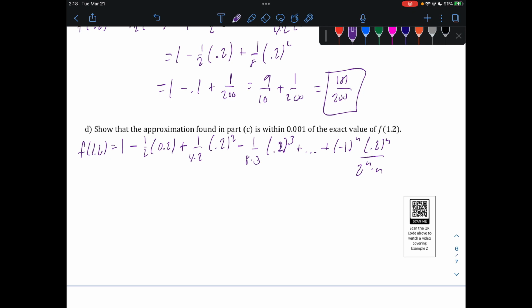This is an alternating series, clearly, right? And it looks to be that the terms are decreasing to 0, right?